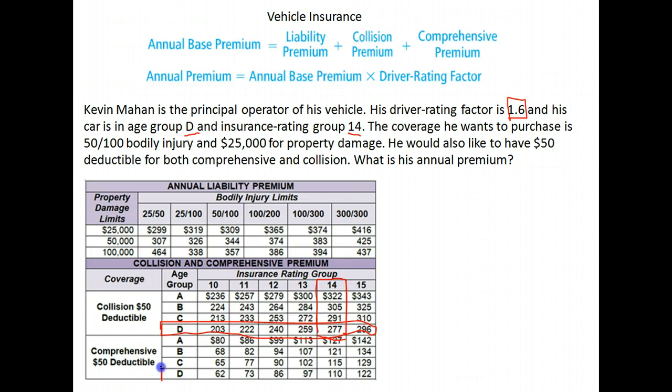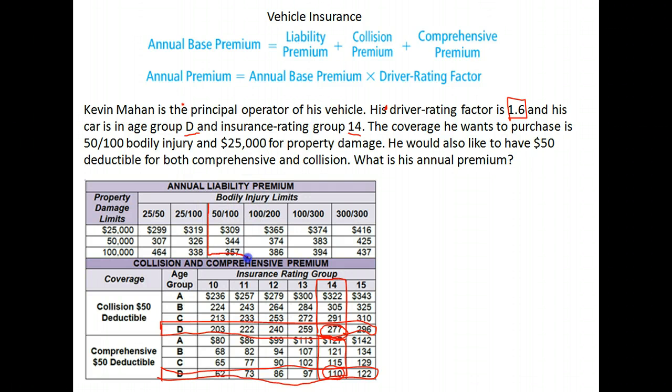We have to do the same thing for collision. Notice it has an entirely different set of numbers. So you do have to come down here for collision, do also the D and the 14 and see where they come in contact. The coverage he wants to purchase is $5,000/$100 and $25,000 property damage. So let's find liability insurance.